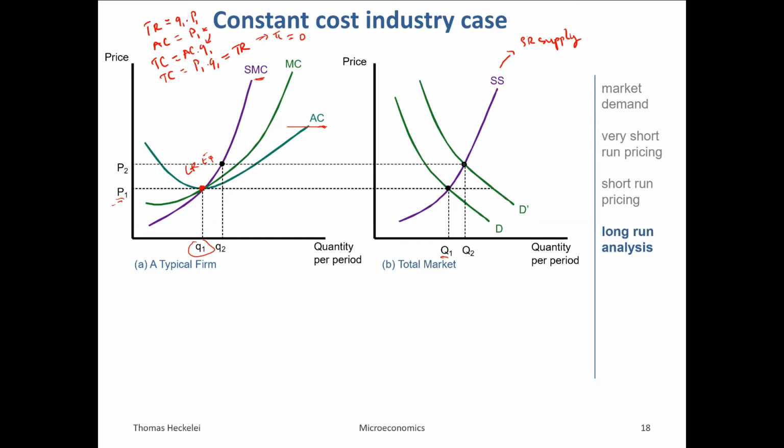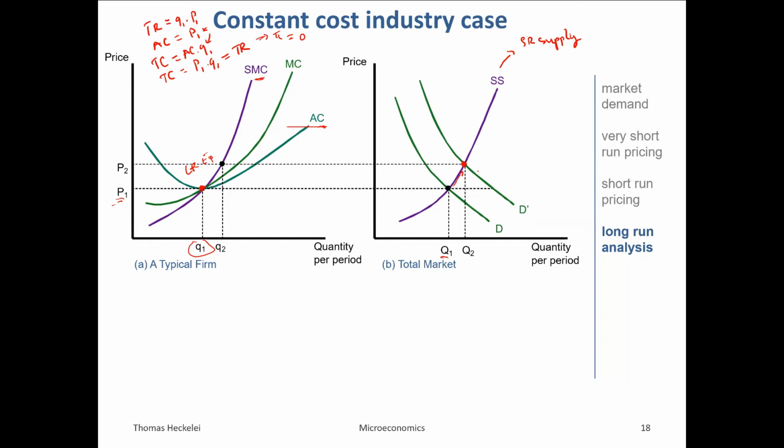What will happen in the short run? Price will increase because now short run supply responds to the shift of demand by moving up to this new equilibrium point. Note here, we're still talking about a short run equilibrium point.